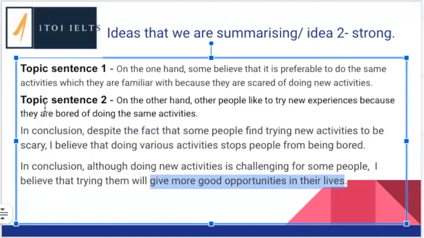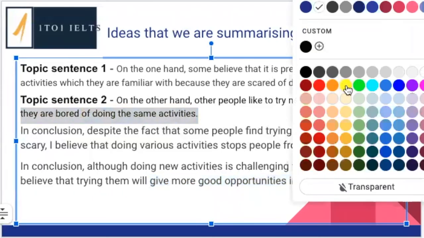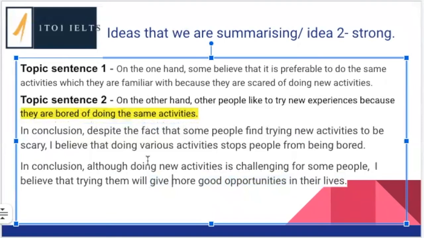Second idea. So the main idea from our second idea is they are bored of doing the same activities. So it's really important in our conclusion that this idea is here. So giving them good opportunities and being bored is not the same. So this is like you are introducing a new idea.